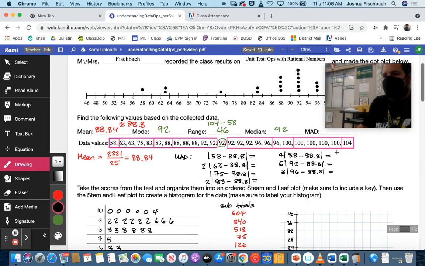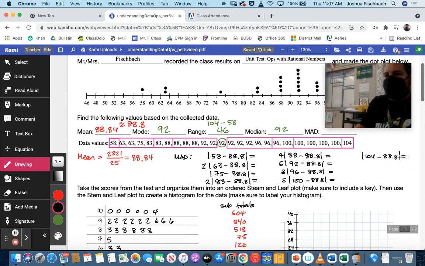And then you've got the 100, which happens 5 times. So 5 times the absolute value of 100 minus 88.8. And then last but not least, you've got the 104, which happens once. So the absolute value of 104 minus 88.8.